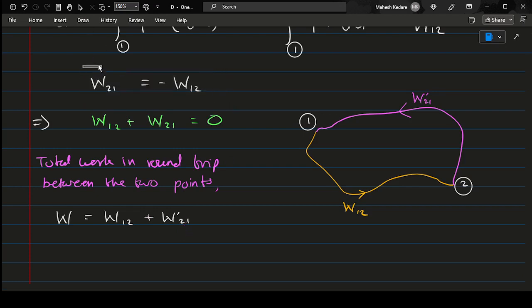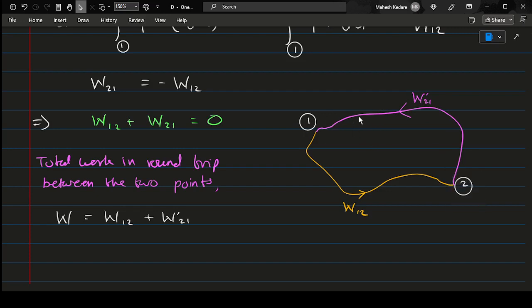This equation states that the work done in going from point 2 to point 1 and the work done in going in the reverse direction from point 1 to point 2, they are negative of each other. But these two works are considered along the same path, only in the reverse direction. Now, W'21 is the work done along the second path, the pink path from 2 to 1.